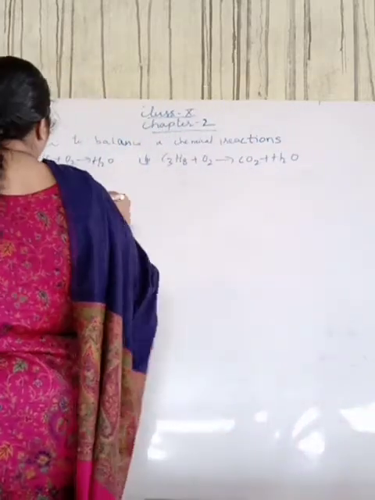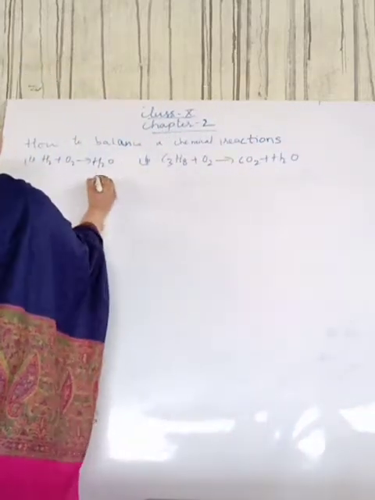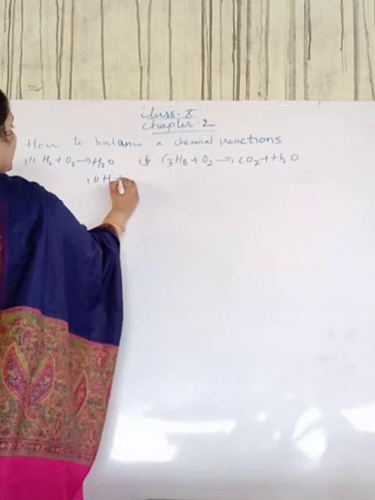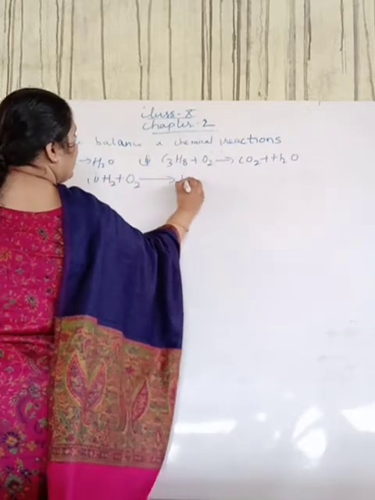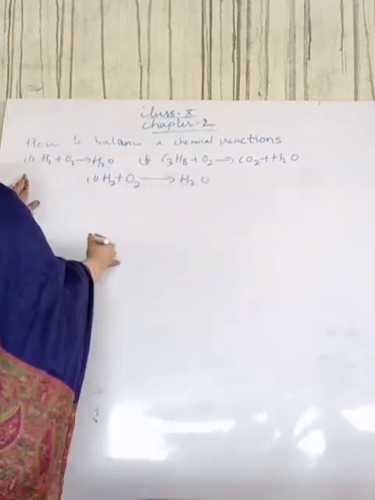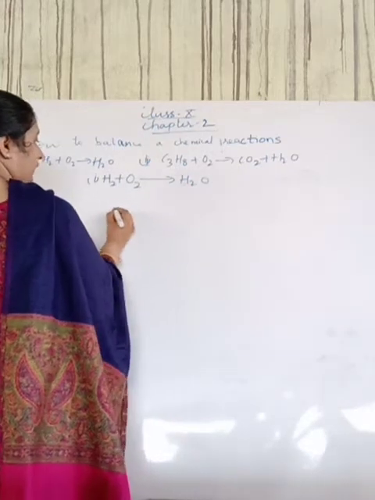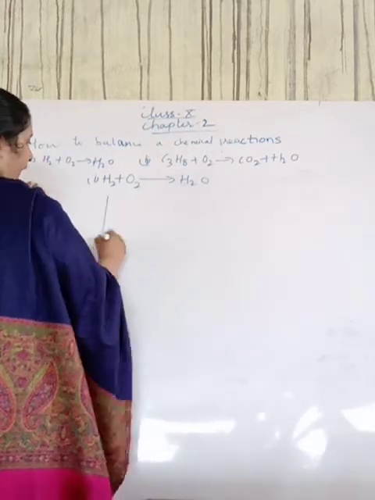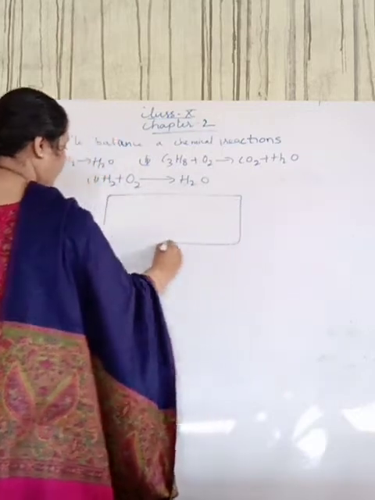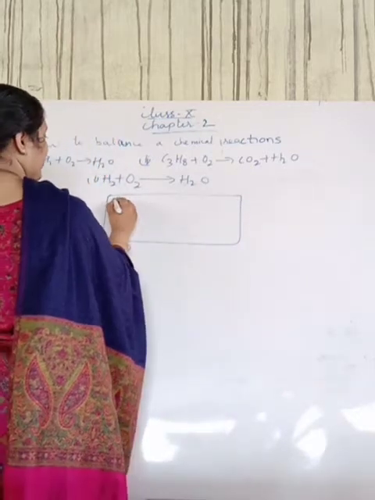So first let us consider first example, that is H2 plus O2 gives rise to H2O. Now here what we will do, we should write elements. If you want, you can take box, you write elements.